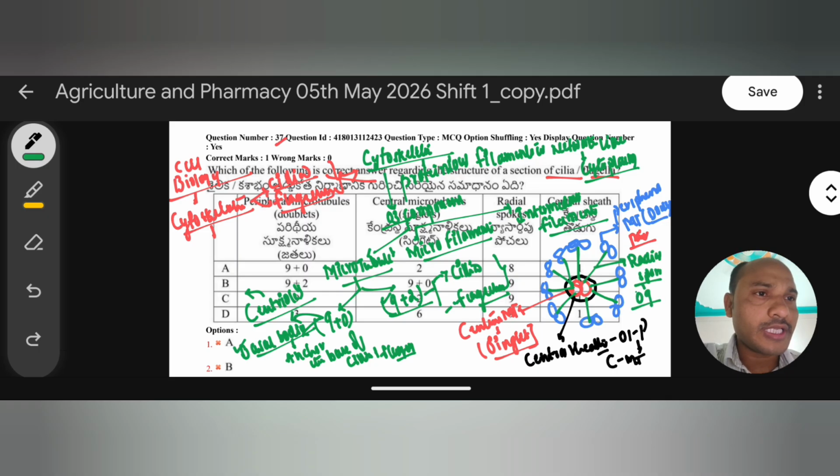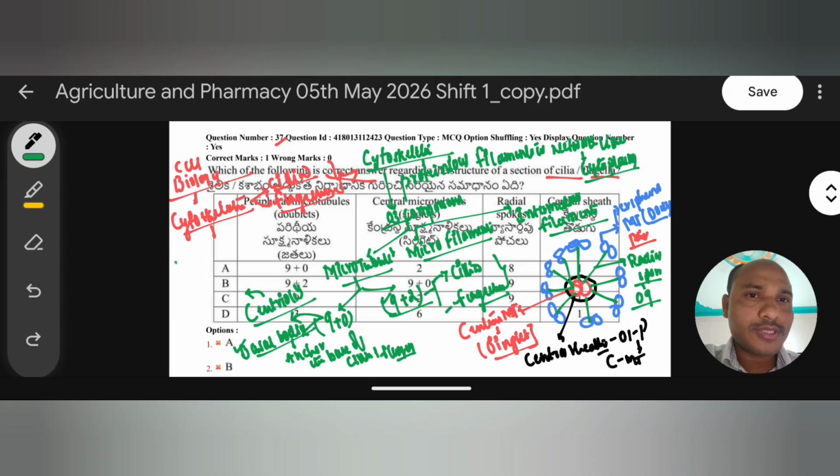There are 9 radial spokes which connect peripheral microtubules with central microtubules. So this is the structure of microtubules in the 9+2 arrangement. What is the importance of the radial spoke? It mainly connects peripheral microtubules to the central microtubules. But remember, central microtubules are always singlets, and peripheral microtubules are always doublets.